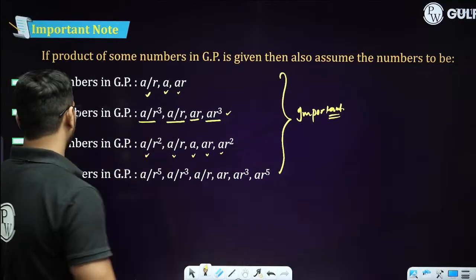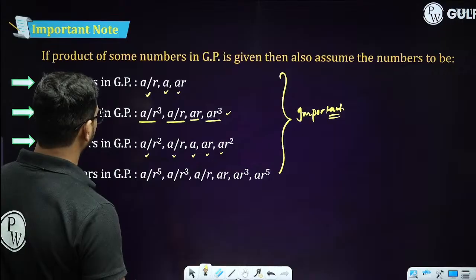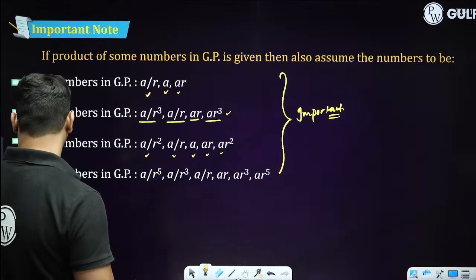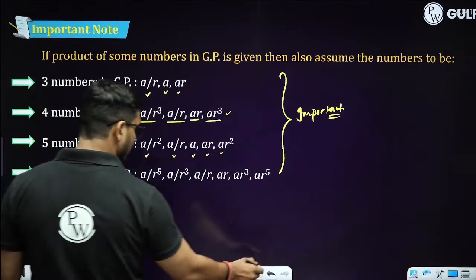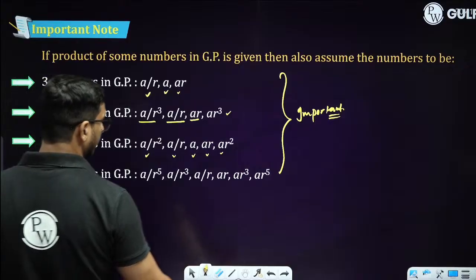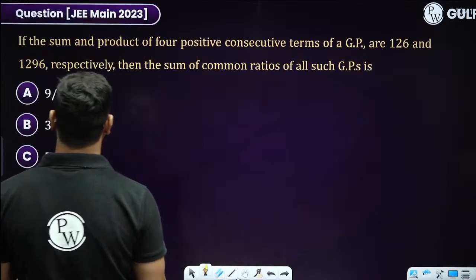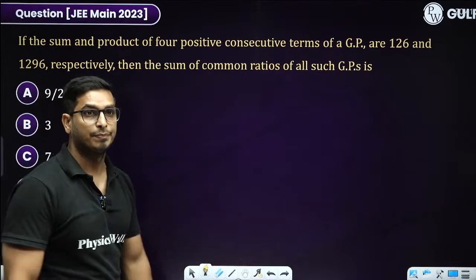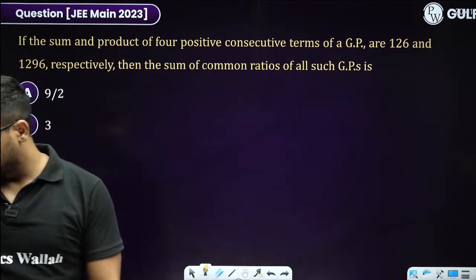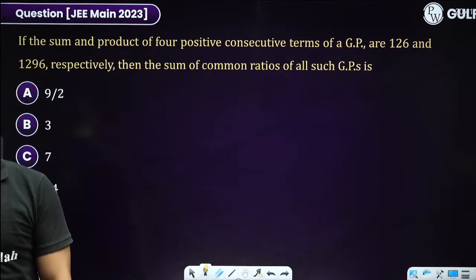They are saying consecutive terms, so we can take that. Try finding it out, give it a try. Sum and product are given.